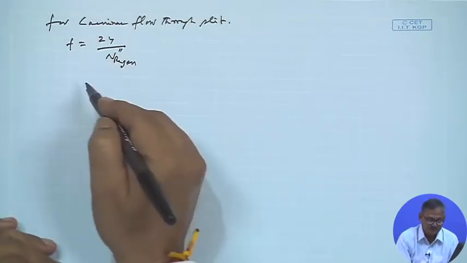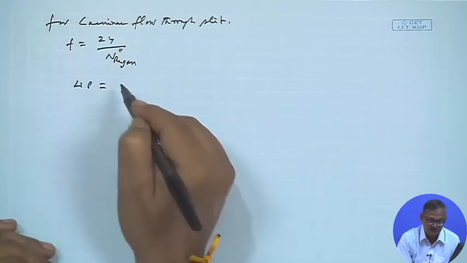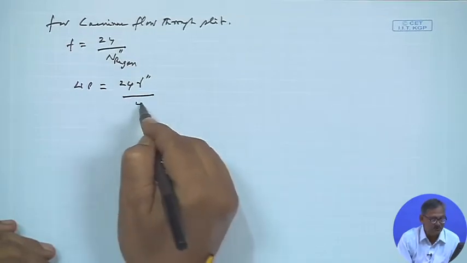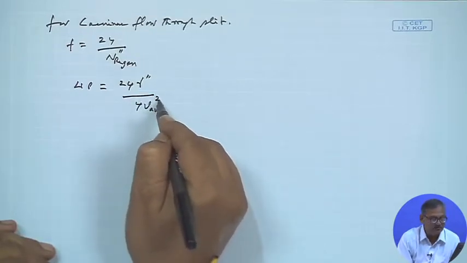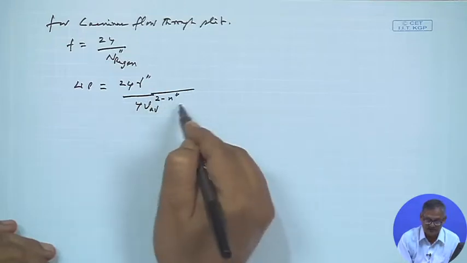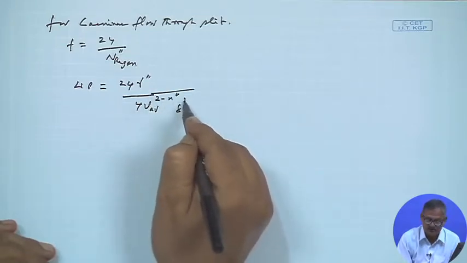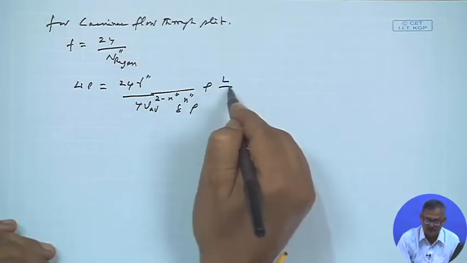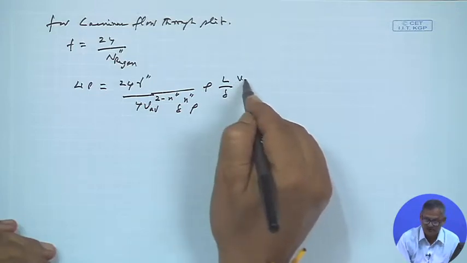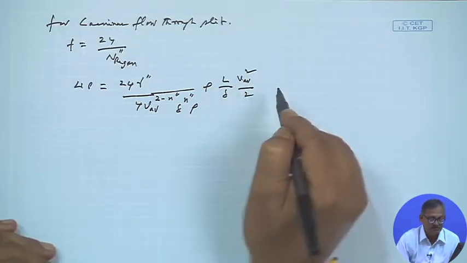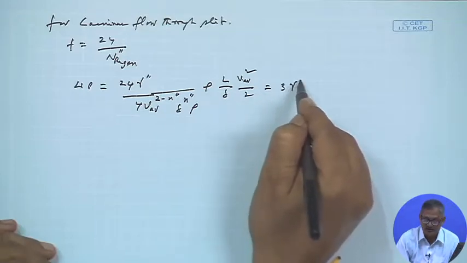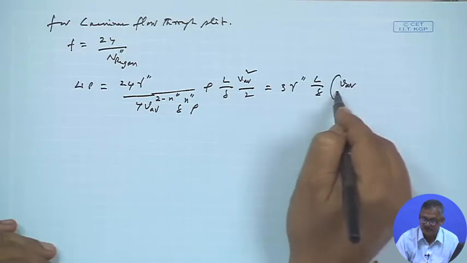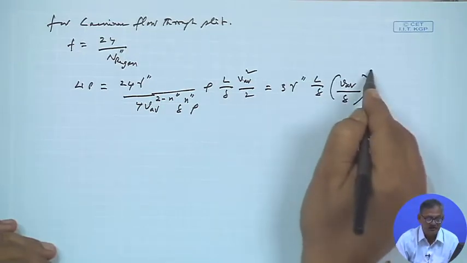Then delta P is equal to 24 gamma double prime by 4 V average to the power 2 minus n double prime into del to the power n double prime into rho L by del, then V average square by 2. So that is equal to 3 gamma double prime L by del times (V average by del) to the power n double prime.